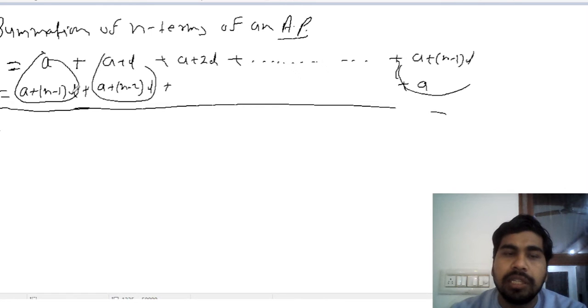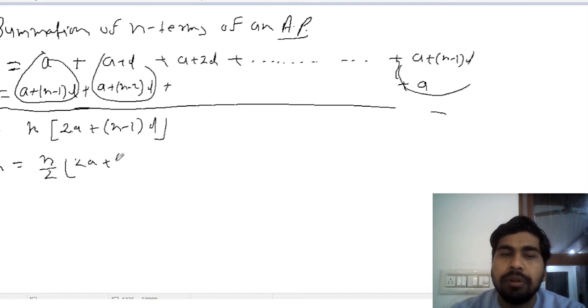We can see that the summation of each pair is 2a plus n minus 1 d, and we know that there are n number of such pairs. This becomes n times 2a plus n minus 1 times d, so we can write Sn is equal to n by 2 times twice of a plus n minus 1 times d.